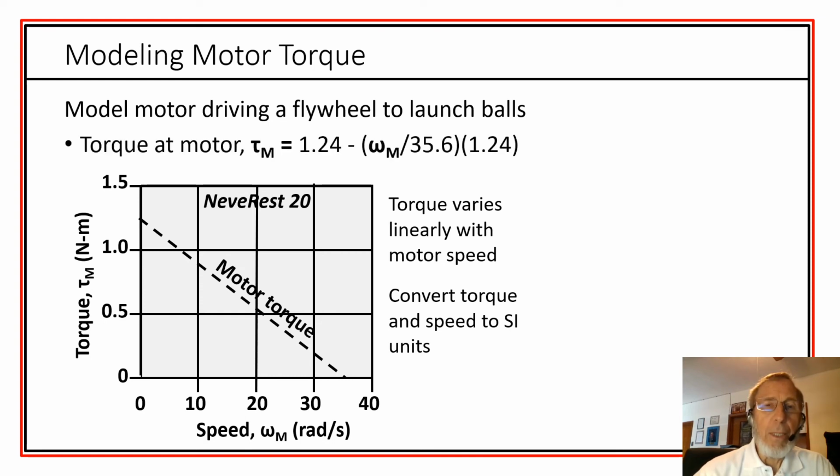That means that I can easily determine an equation that describes that performance. The torque is equal to 1.24, which is the stall torque, minus the motor speed divided by 35.6, which happens to be the free speed of the motor, multiplied by 1.24. So we can now represent in our math modeling the motor torque by this equation.